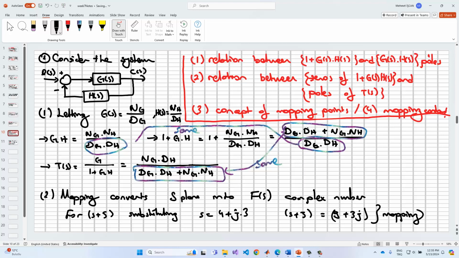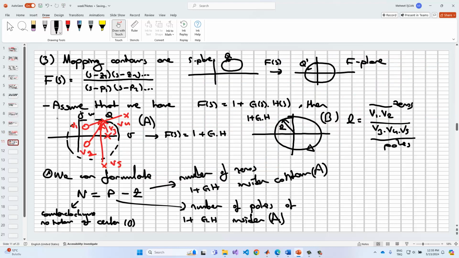just remember in the root locus, we add what? Zeros' degrees plus, right? And so poles' degrees minus, right?